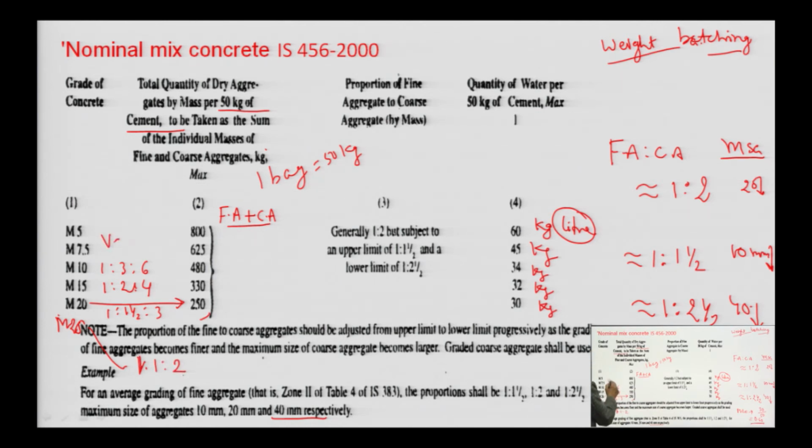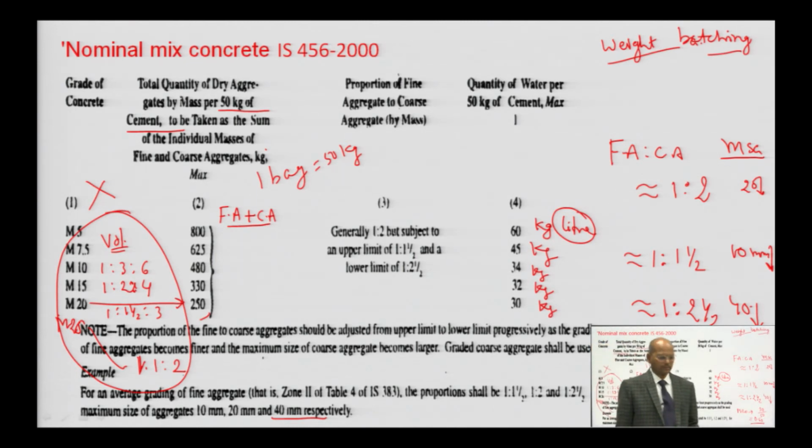All these things were by volume batching, and they are not talking about the water. This was the method they used to adopt earlier. This should be rejected and not permitted in the field, because you do not have a proper system to measure the correct volume changes. Okay, that is important.